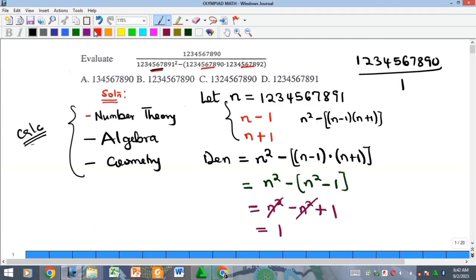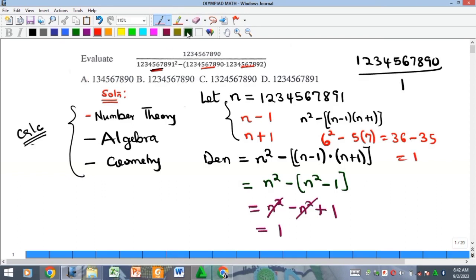You can try that using a number. Let's say 6. If I put 6 squared, then 6 minus 1 is 5, multiplied by 6 plus 1, which is 7. So this is 36, which is 6 squared, minus 5 times 7, which is 35, and that's actually equal to 1.